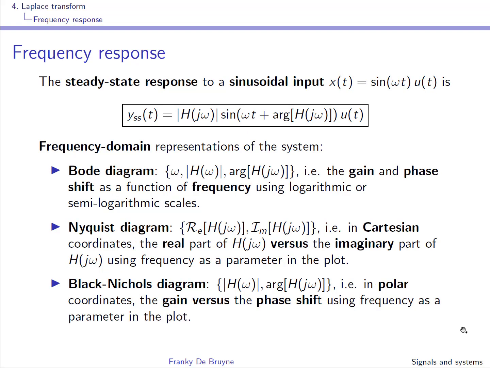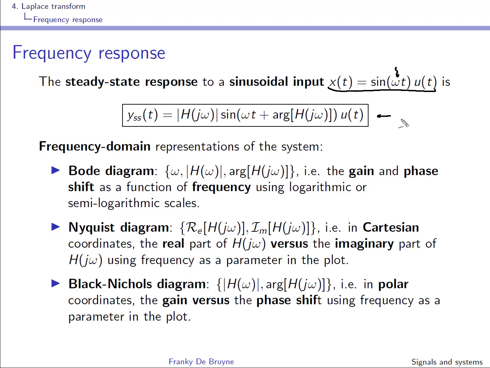So we have just seen that we can compute the steady state response of a linear system subjected to an input sinusoid at frequency omega as follows, and all that you need is the transfer function of the system.